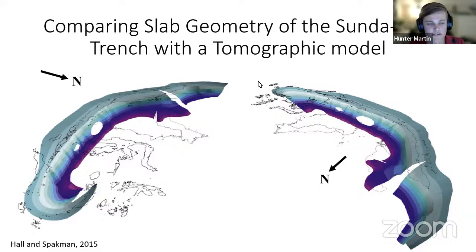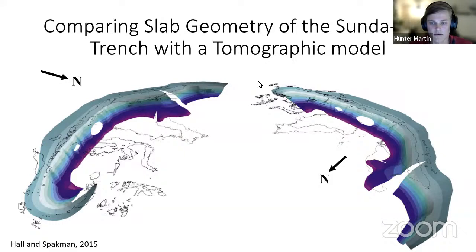Both images are the same model, they're just viewed from different directions. The one on the left is viewing roughly southwest, and the one on the right is viewing roughly southeast. The model shows the geometry of the subducting slab at the Sunda Java Trench from Sumatra to the Banda Sea, where the maximum depth shown is 600 kilometers.